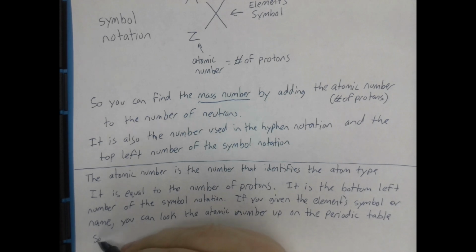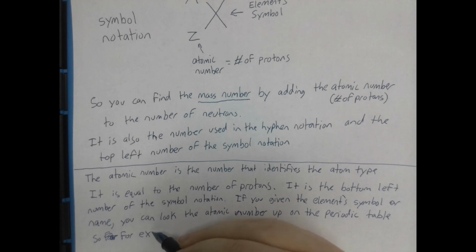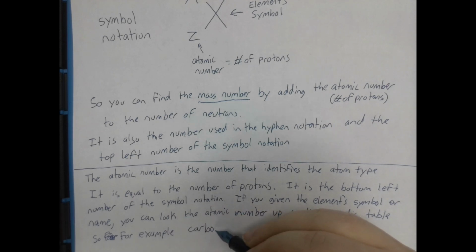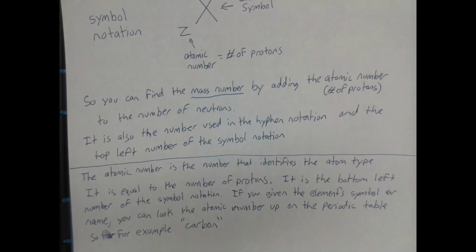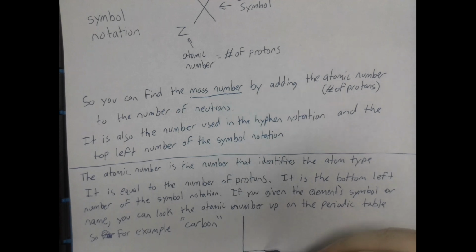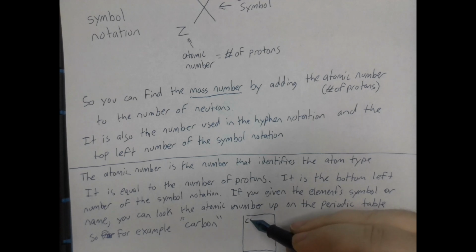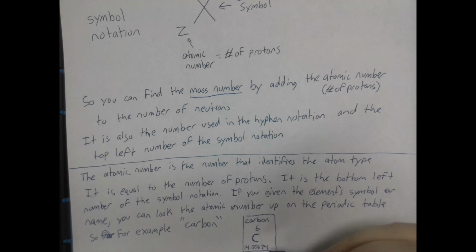So for example, carbon, looking it up on the periodic table, this is the name, this is the atomic number, which is equal to number of protons.